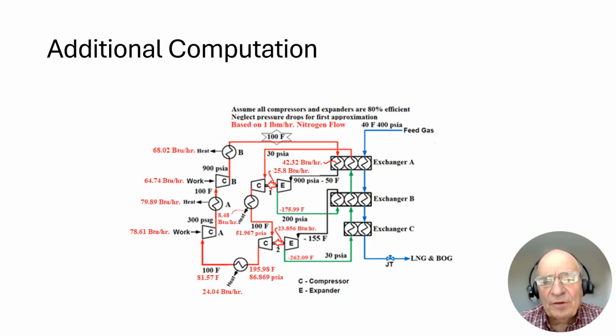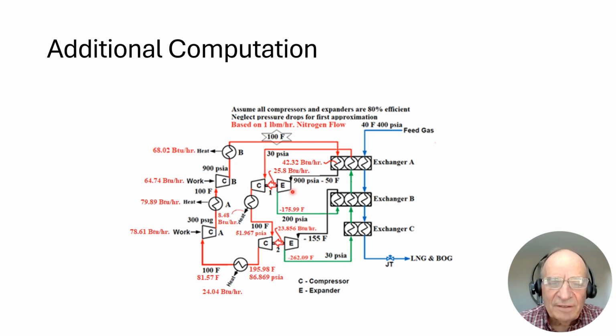This is the same drawing, but now we've done some computations of the amount of work that's being transferred from this expander to the compressor, from this expander to the compressor, and we've also put in some temperatures that were computed.